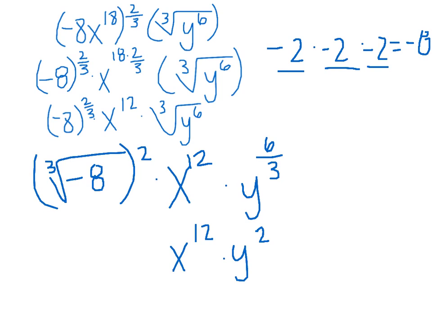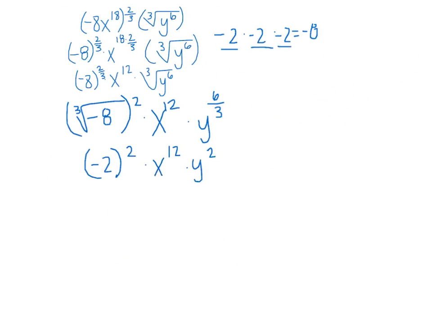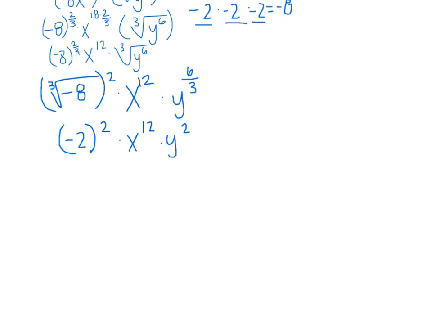Positive 4 times negative 2 is negative 8. So it works out. It's different than when you have square roots. So this is really equal to negative 2 squared times x to the 12th y squared. And now negative 2 squared is positive 4, so I have positive 4 x to the 12th y squared.